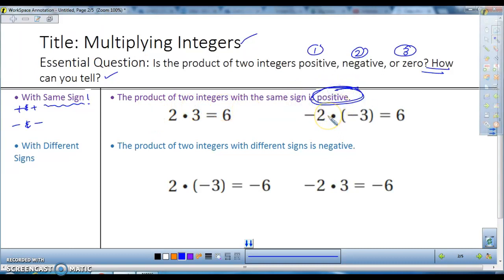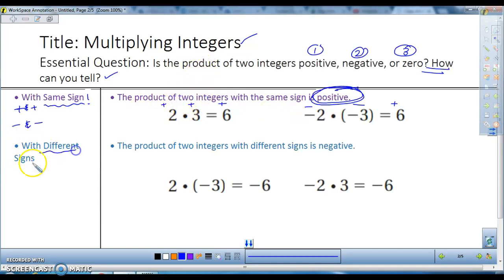We went through the inductive reasoning of this all in class, so now it's time to learn the trick. So positive times positive is positive. Negative times negative is positive. Not the same as addition and subtraction, okay? Multiplication and division are going to be slightly different.